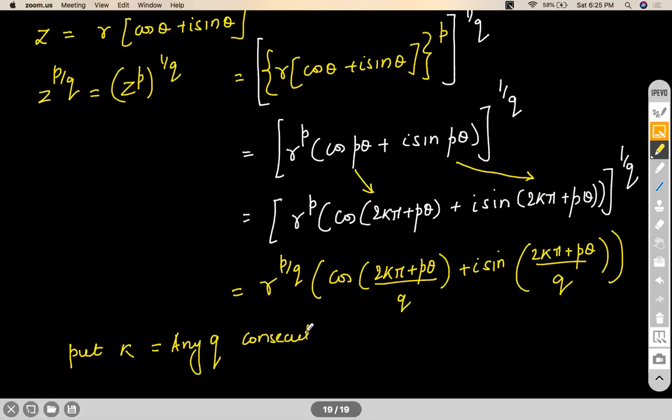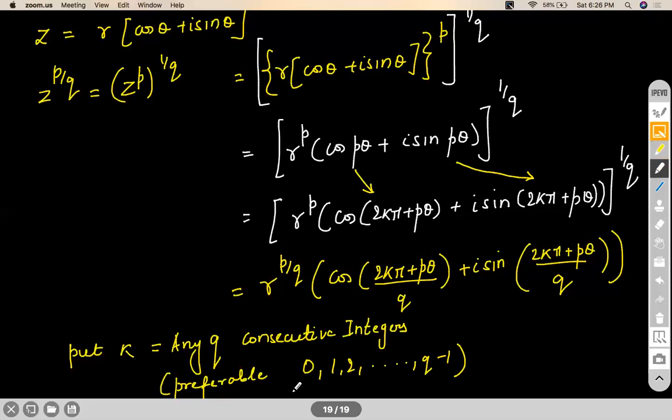But preferably we put k as 0, 1, 2 all the way till q minus 1. But in reality you can put any q consecutive integers. Okay, so let me demonstrate it with a simple example.